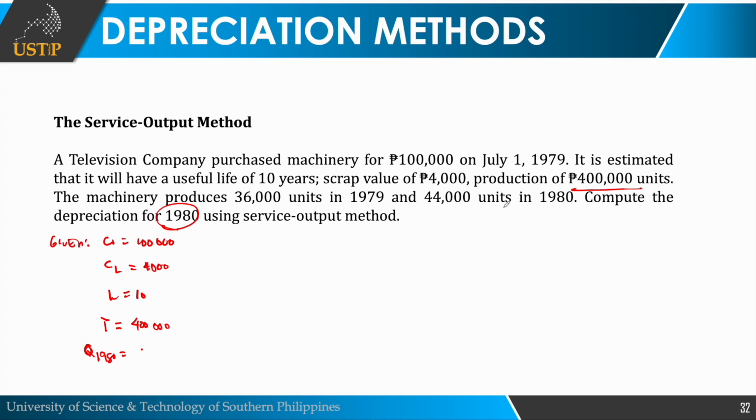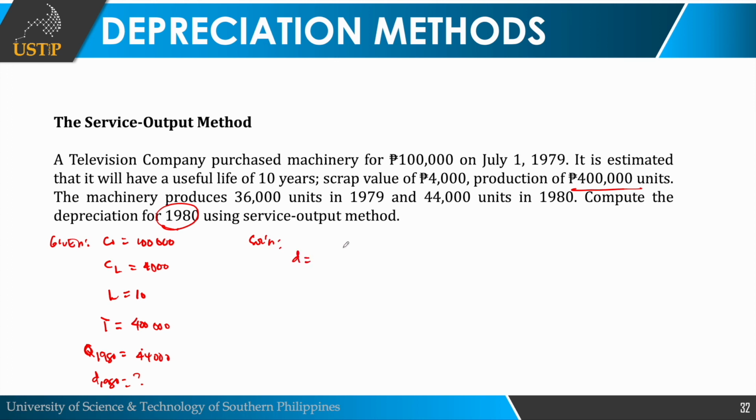Sorry, that gets confusing, so it is clearer to use the year as the notation. So for 1980, that is 44,000. We need the depreciation for 1980.